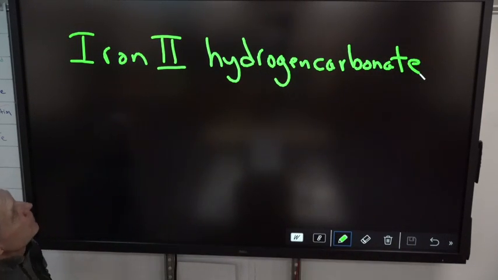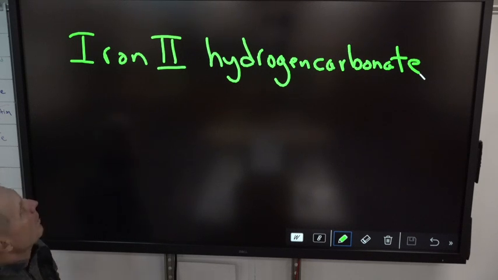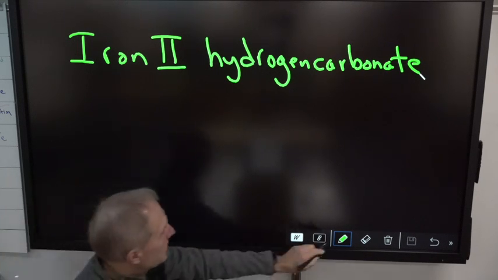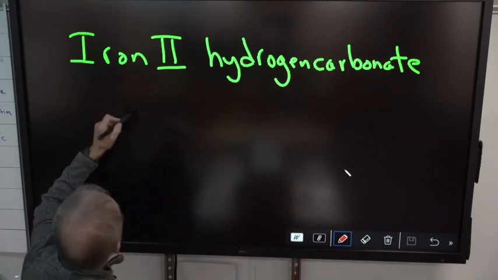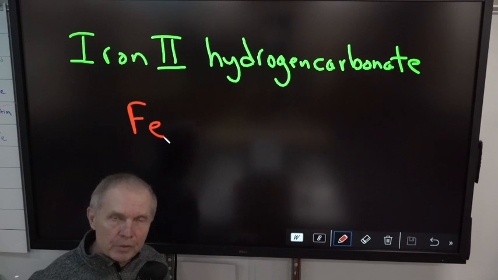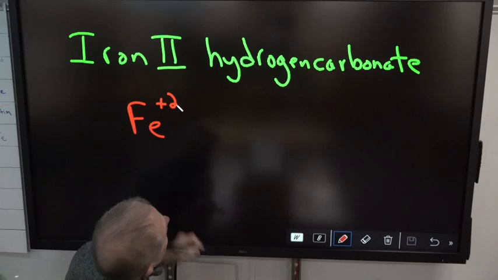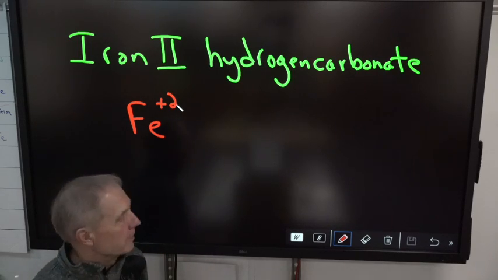Iron, Roman numeral 2, hydrogen carbonate. You're going, whoa. Well, I know what iron, Roman numeral 2 means. So iron is Fe. Roman numeral 2, remember, whatever the Roman numeral is, that's the charge. So it's iron plus 2. But what the heck is that hydrogen carbonate?